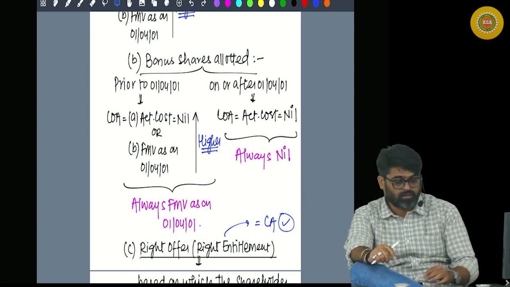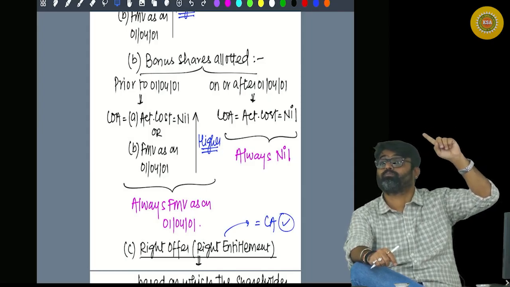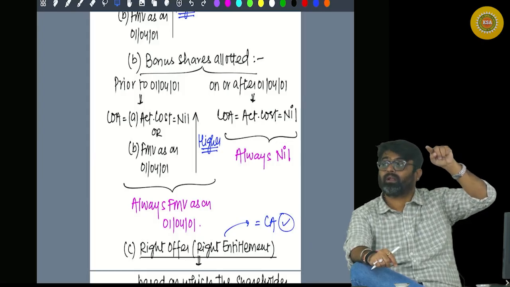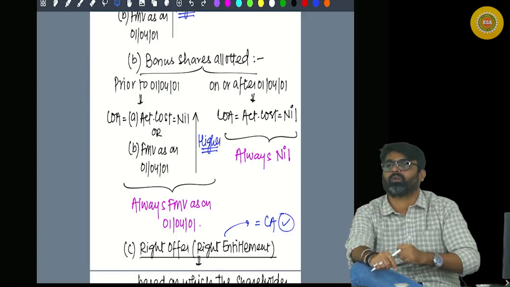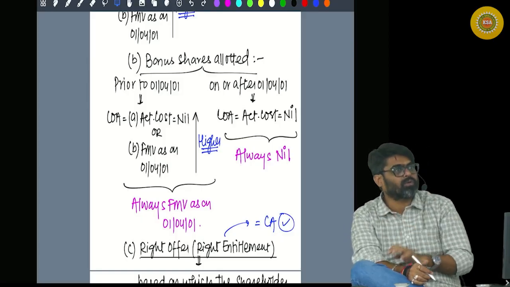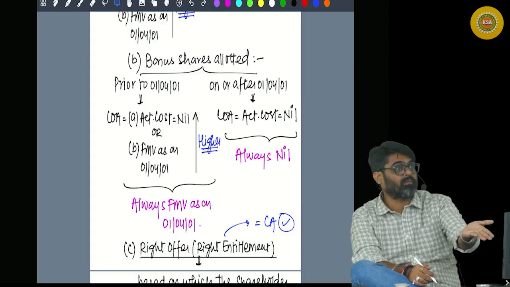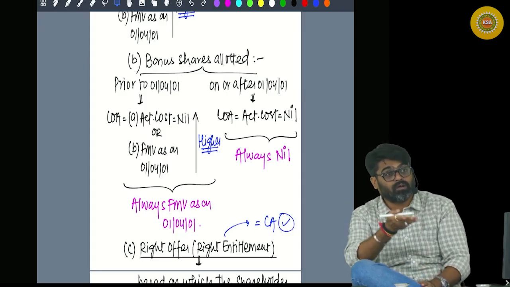Now that table which was there, the table of period of holding. From that table, I have covered 3 points here, while discussing. When you go home today and read these notes, you'll come to know, oh, sir was talking about this. Bonus shares: period of holding is to be taken from the date of allotment.